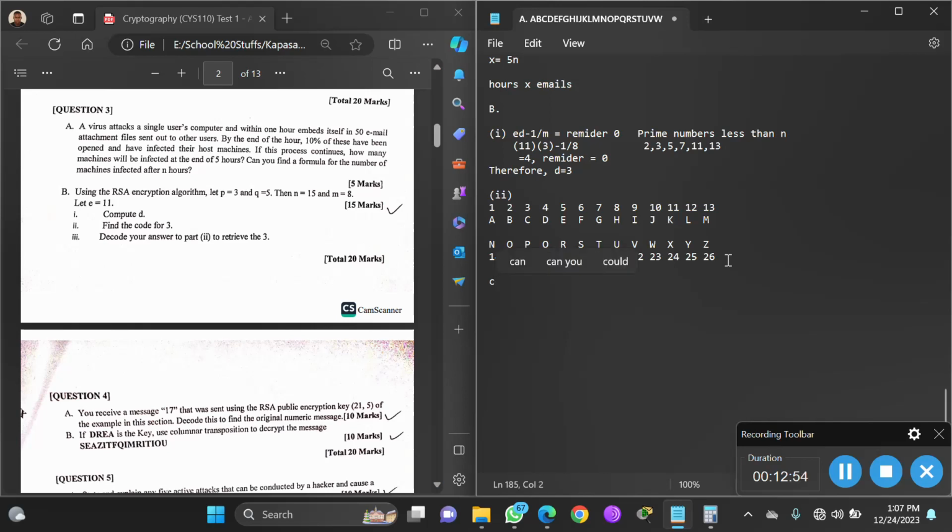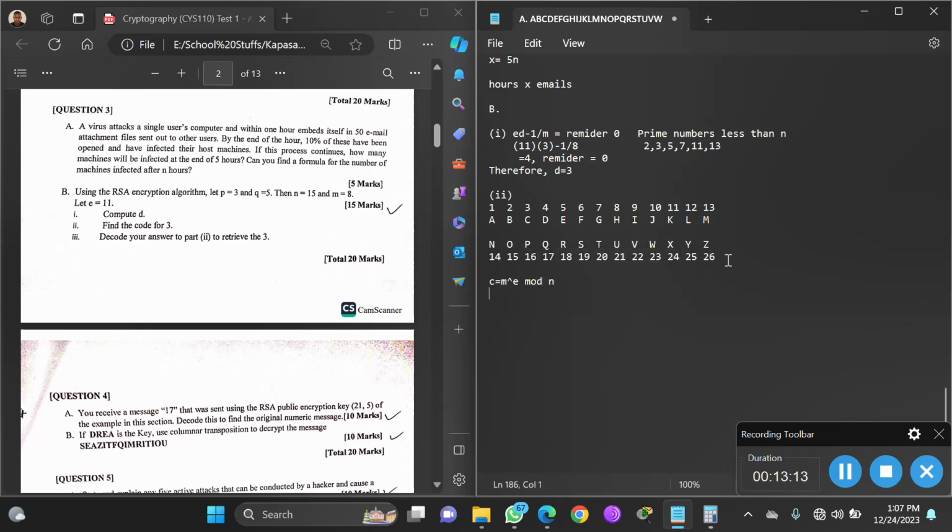So the ciphertext, which is the outcome, is equal to the plain text, which is m, the message, to the power e, which was the encryption algorithm used, then mod n.